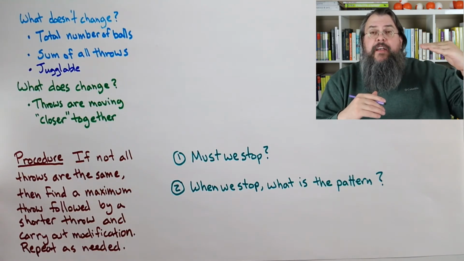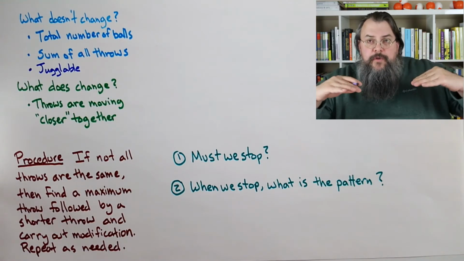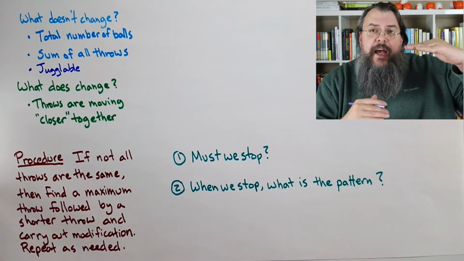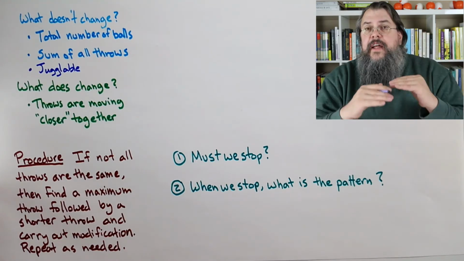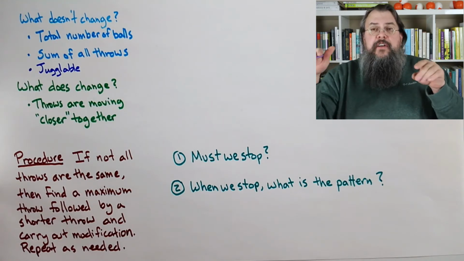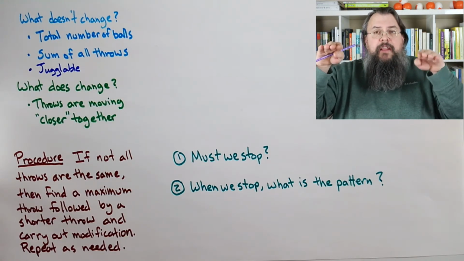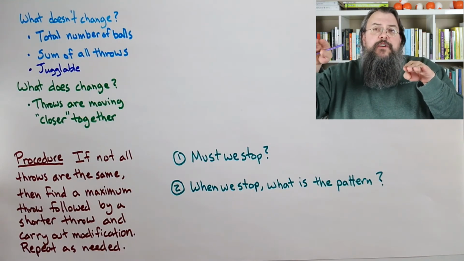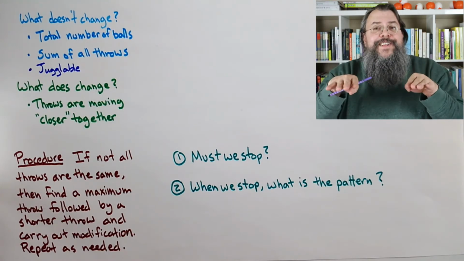Because we're working with a maximum height throw, after we apply this operation where we remove that nesting, the maximum height throw that we had goes down. Now, that doesn't mean that the maximum height goes down, because there could be two throws at the maximum height, but at least one of the maximum height throws goes down. Which means eventually, if you apply this operation enough times, the maximum height does go down.